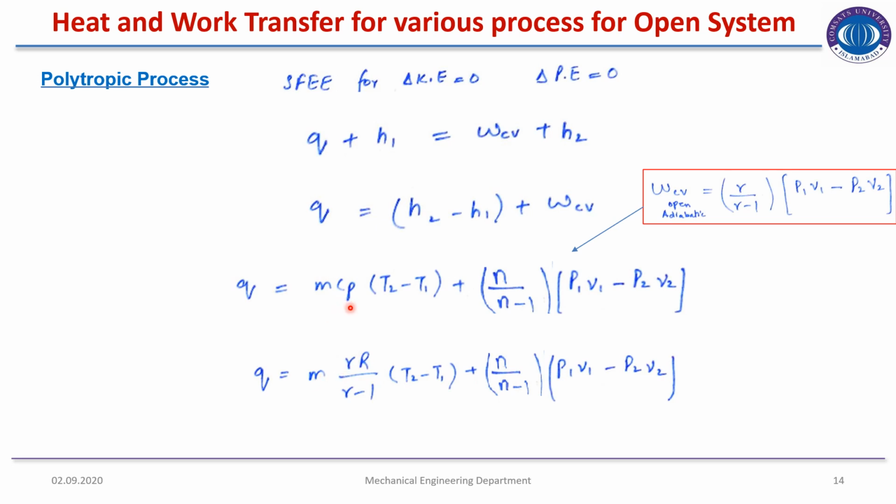For Cp, we have two relations: Cp minus Cv is equal to R, and gamma is equal to Cp over Cv. When we combine both these equations, we find that Cp is equal to gamma R over gamma minus 1. So Cp is written in terms of gamma R over gamma minus 1.